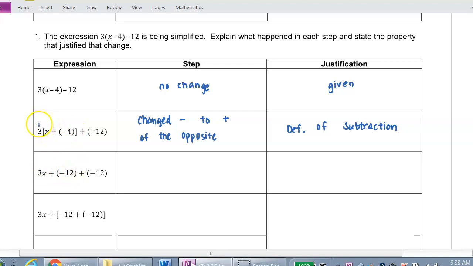And I notice that the 3 has been multiplied by x to give us 3x, and the 3 has been multiplied by -4 to give us -12. So they have simply distributed the 3 out in front of the brackets, the grouping symbols. So distributed, which is the distributive property, of course.